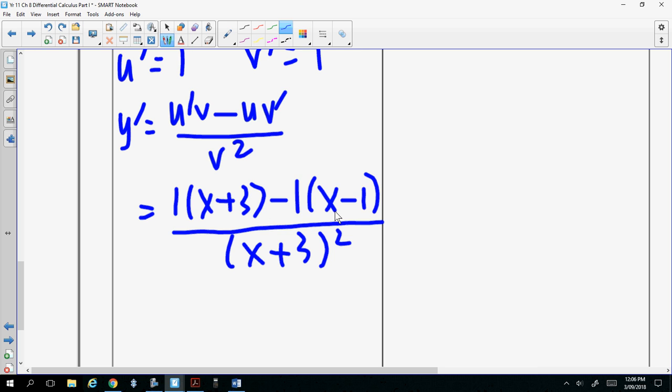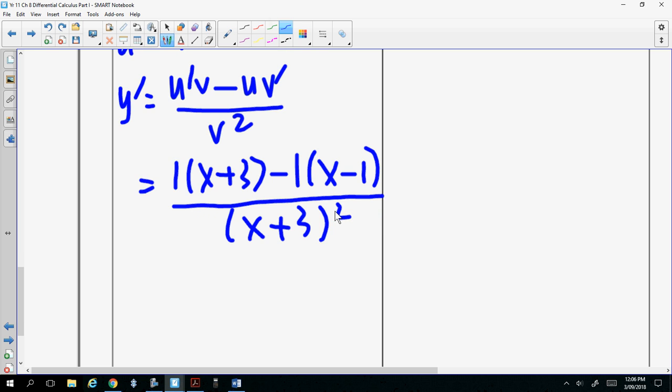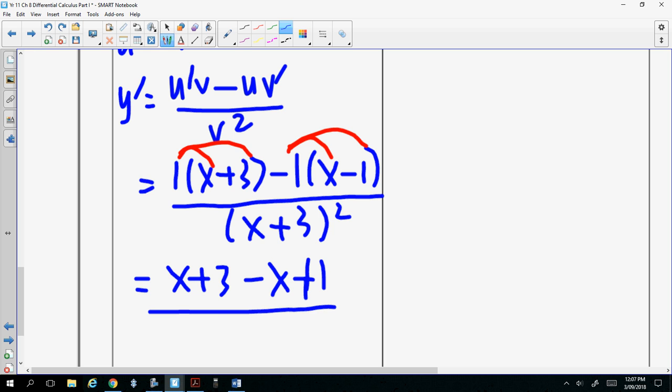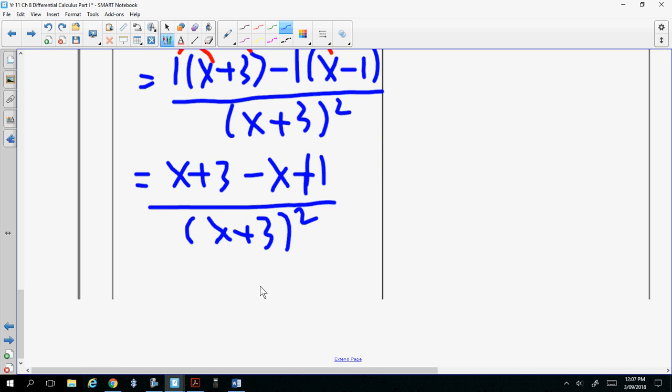And then what do you do? Expand and collect like terms. You get x plus 3 minus x plus 1 over x plus 3 squared. The x's get cancelled, so you end up getting 4 over x plus 3 squared.